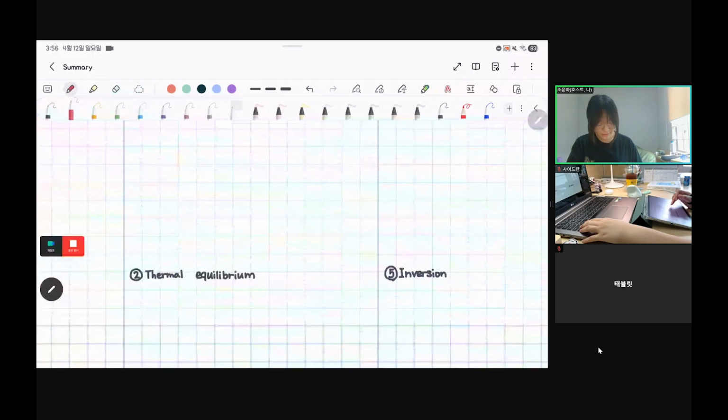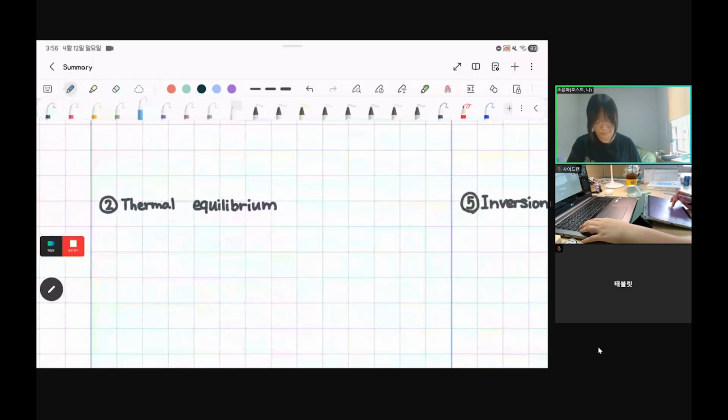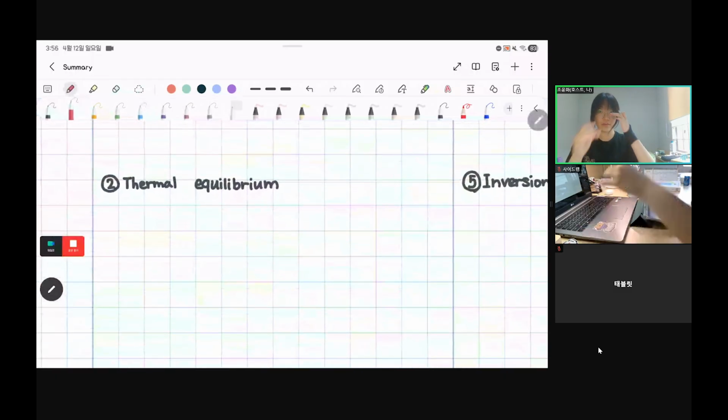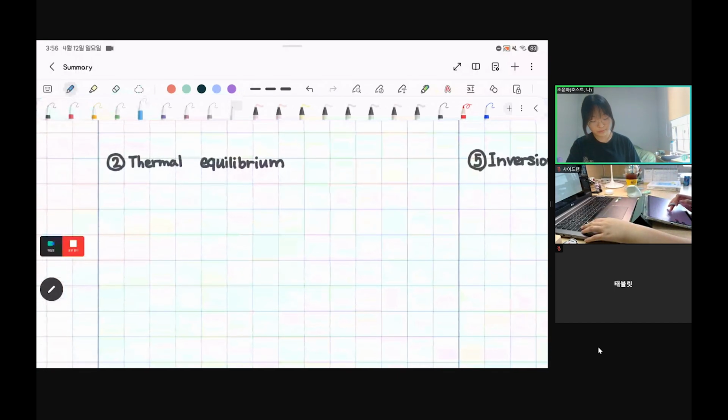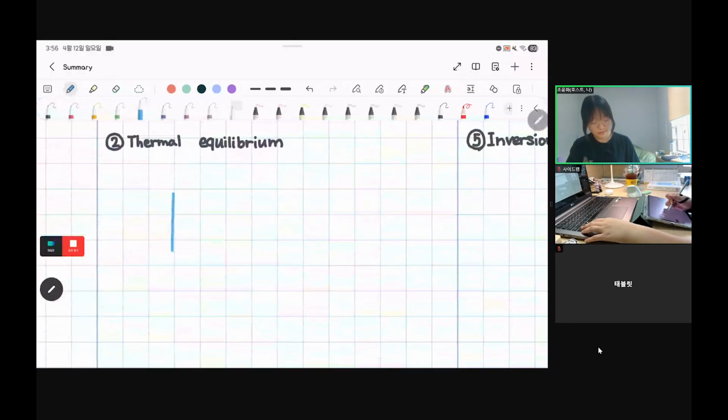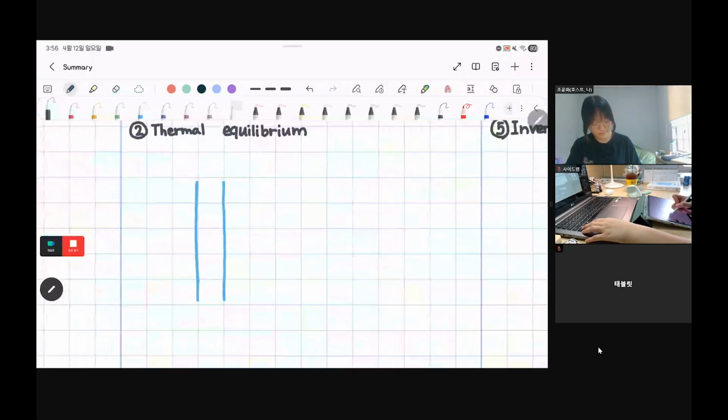And let's draw the thermal equilibrium state band diagram. As you know, in the thermal equilibrium state, the Fermi level is always constant. So we can draw like this. It's the gate side. And the substrate side Fermi level is constant with the gate side.